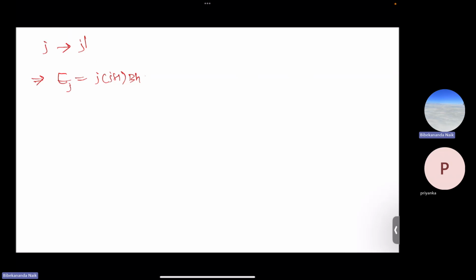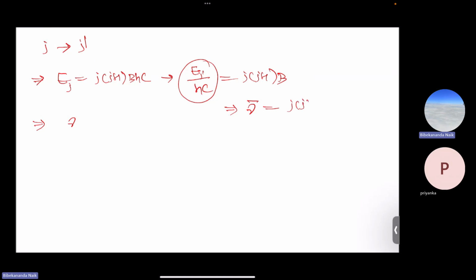So E by HC will be J into J plus 1 B, and E by HC is nothing but the wave number. So the wave number nu bar is J into J plus 1 into B. Similarly, if the transition occurs from J to J prime, then nu bar will be E_J prime minus E_J divided by HC.